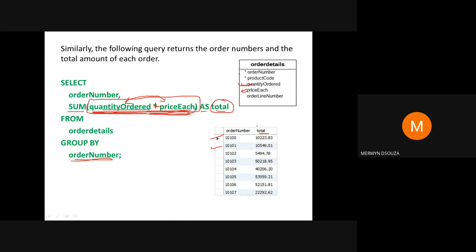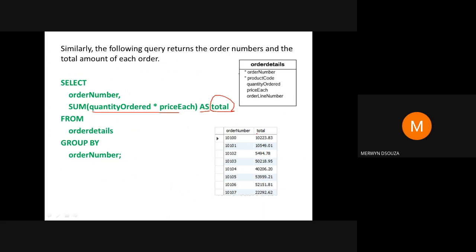Instead of displaying something like quantity ordered asterisk price each, we are replacing this with an alias, another name that is more readable.